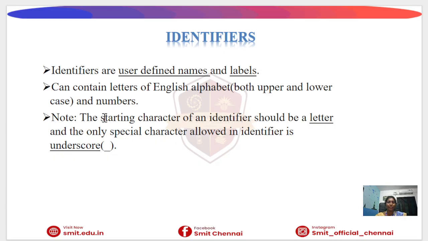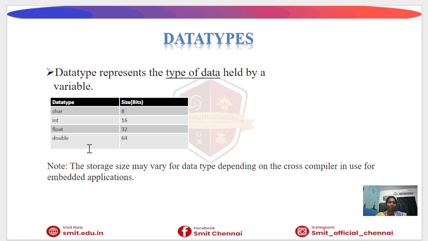The only special character allowed is the underscore. It should not start with a number. For example, valid identifiers are total_mark or count. This is valid, and the invalid one is 1count.